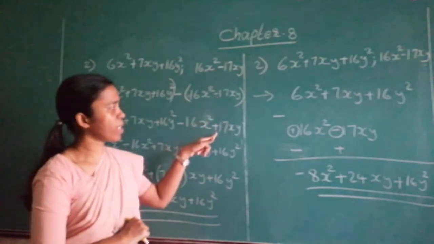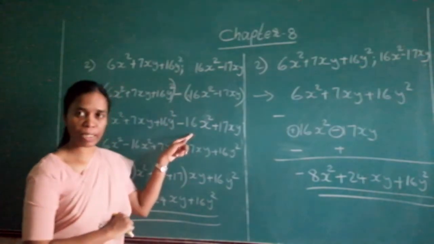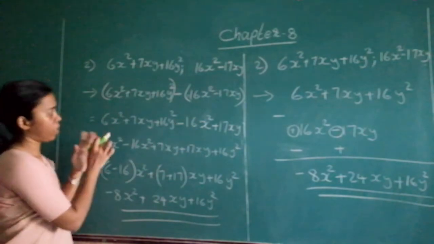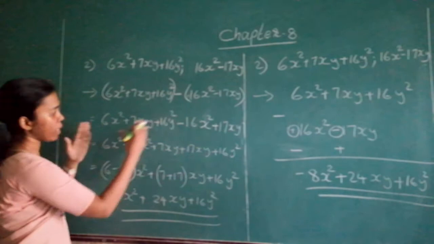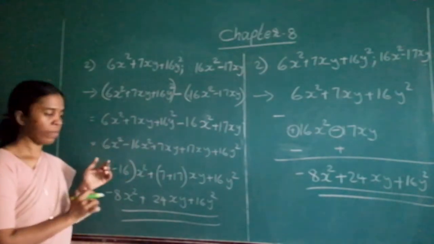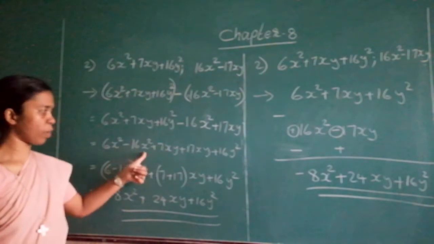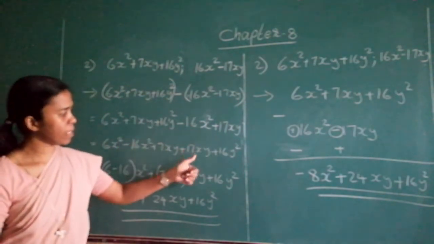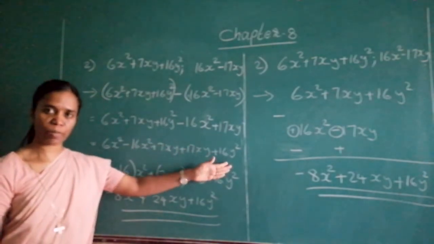Where there was minus, it will become plus. Whichever was plus, it will become minus. Now in this next step, bring the like terms together. You can see x square and x square, xy, xy. So bring them together. So you have 6x square minus 16x square plus 7xy plus 17xy plus 16y square. Okay.